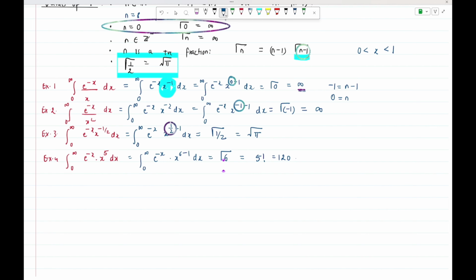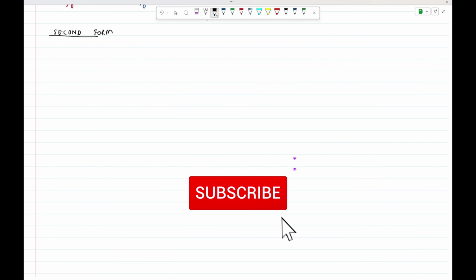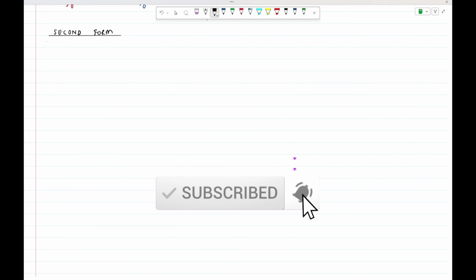Now for the next part, we are going to discuss the various forms of the gamma function, and they again do the same thing. They help us reduce the calculation. In the second form of the gamma function, we are going to see various types. To begin with, let's talk about type 1.